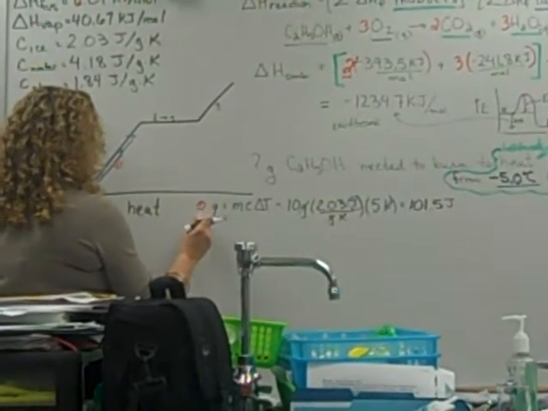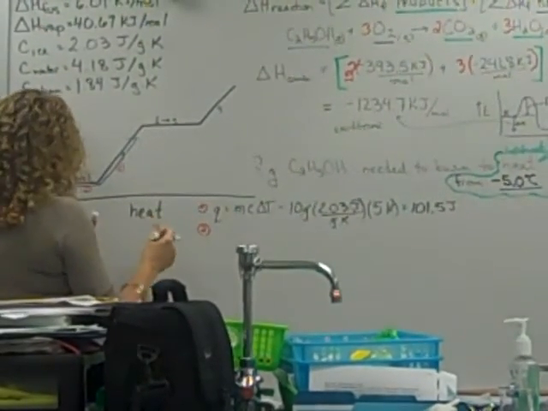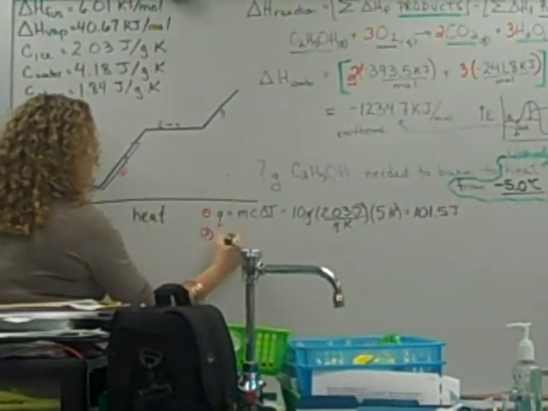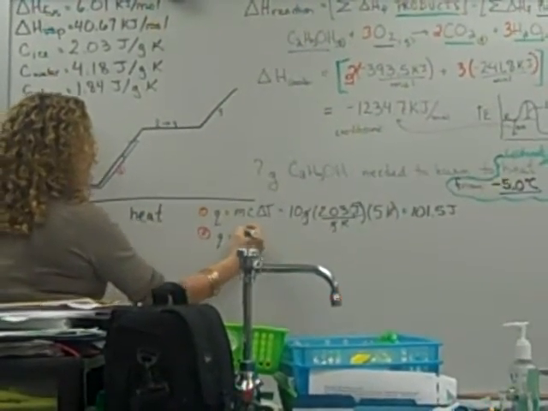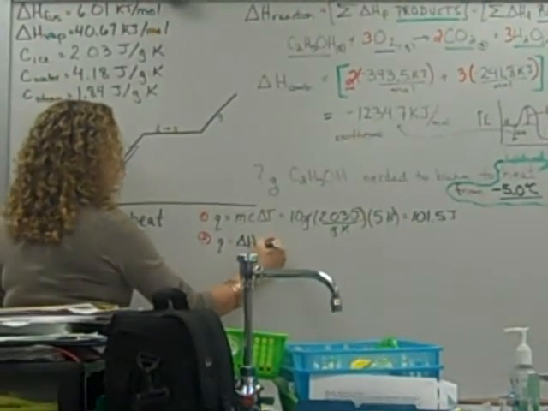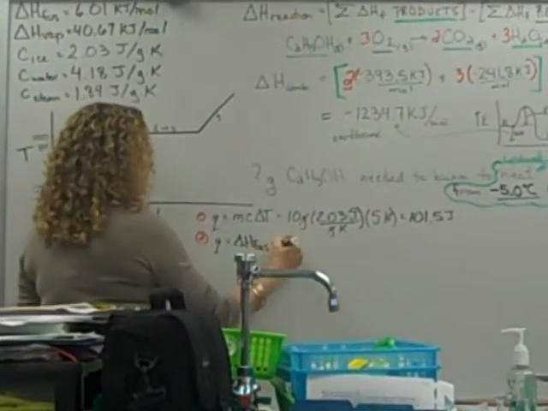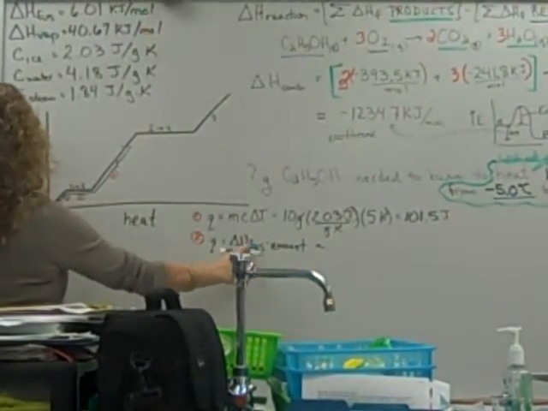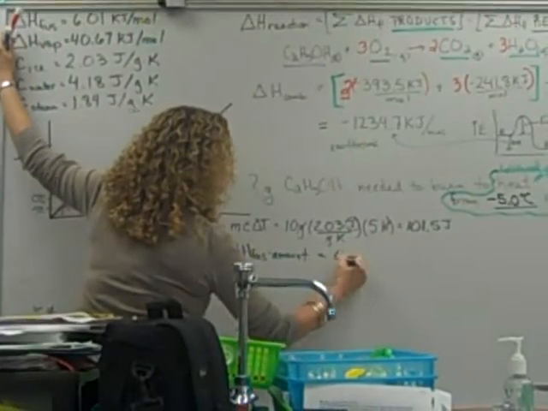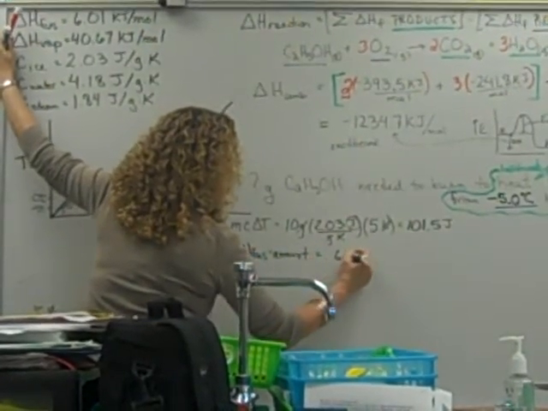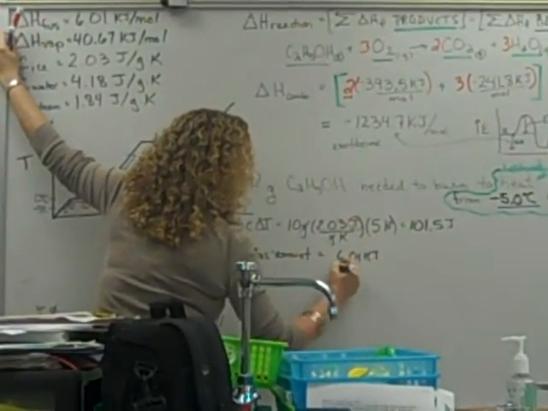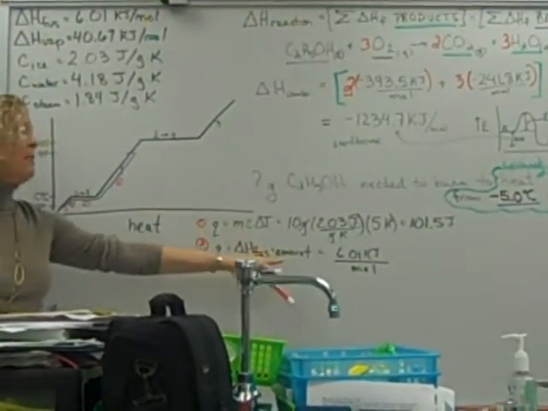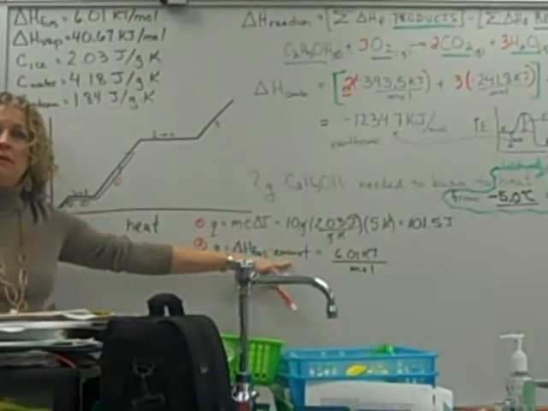For the second step, there is not going to be a delta T. We're going to have our heat equal to our heat of fusion times, let's write amount. Because if we look, our heat of fusion, in this case, is 6.01 kilojoules per mole. So, what is my amount going to have to be in?